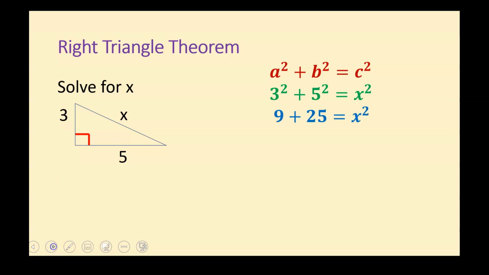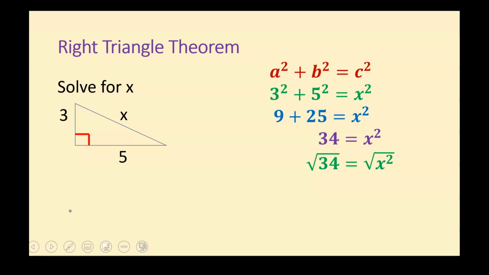We can simplify. So now we have 9 plus 25 is equal to x squared, which tells us 34 is equal to x squared. Are we done? No. We're solving for x and not x squared. We're going to take the square root of both sides. Now, 34.